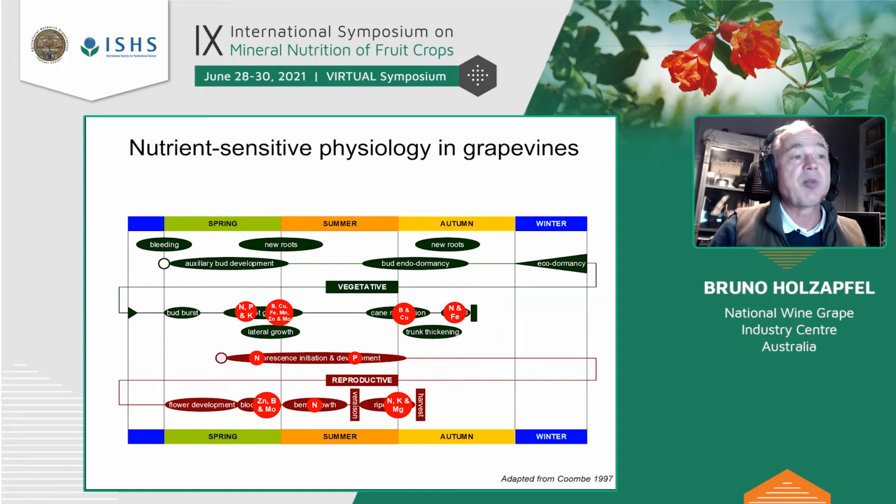In addition, nitrogen plays a role in reproductive development, in initiation of inflorescences, and then in the following season on berry growth. And of course, later on nitrogen is important not so much for ripening itself, but for the composition of the berries and the must.